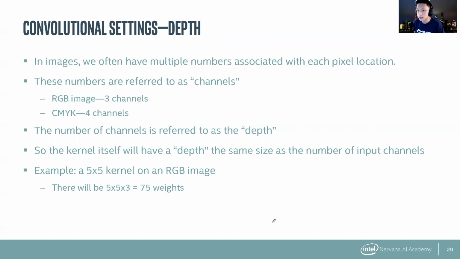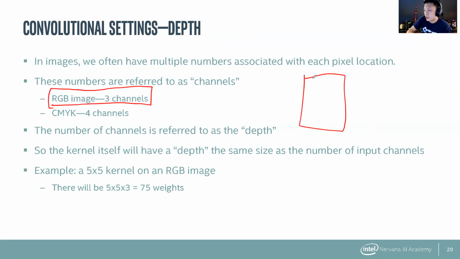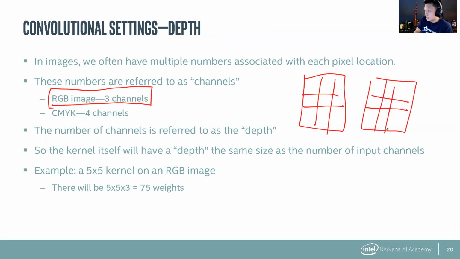Remember that images are not represented using one number per pixel, but they're usually represented with 3 numbers per pixel. It's what we call RGB. I'm sure many of you are familiar with RGB. Basically, if you take an image, it's actually not just a 3x3 image. It's actually 3 3x3 images, and each of these represents a different channel.